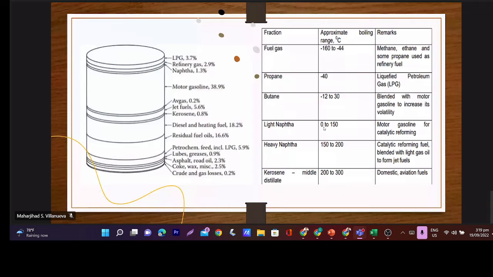Based po sa refining process po, ayan po yung mga na-produce po sa pag-process po ng petroleum na nakukuha po sa crude oil. So, naka-base rin po siya sa accurate po na heat na kailangan po para ma-refine po from the crude oil hanggang magawa po dito sa isa-isa po na to na fuel gas, propane, butane, light naphtha, and so on and so forth po.